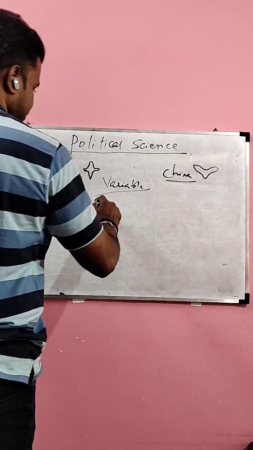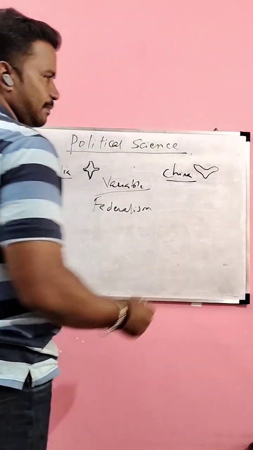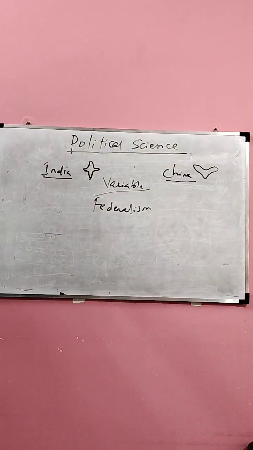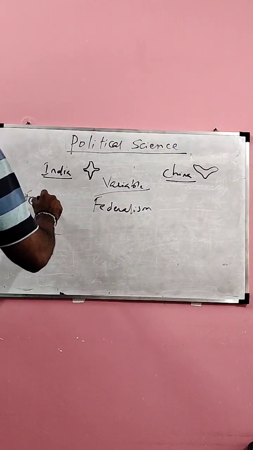We will take federalism and we will now compare India and China. India, studied through the traditional approach of comparative politics, is immediately identified as a federal country. Am I correct?